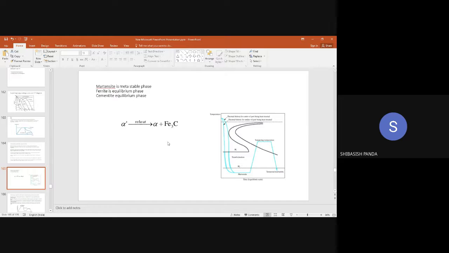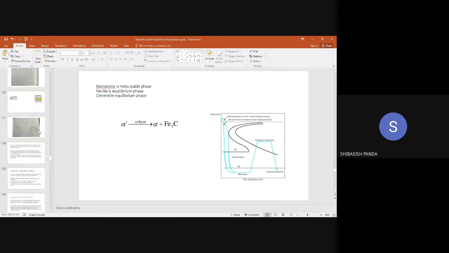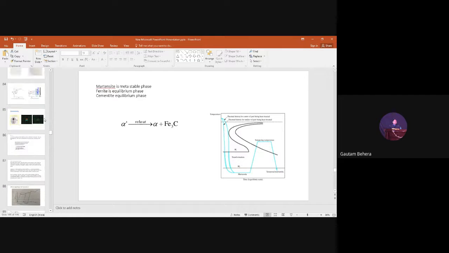Sir, the pearlitic region, then bainitic, then below there is martensite. The entire C curve can be classified into two C curves, also the pearlite finish region. You people have forgotten everything.